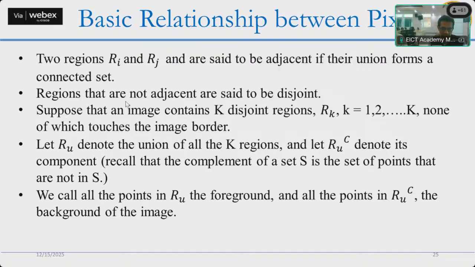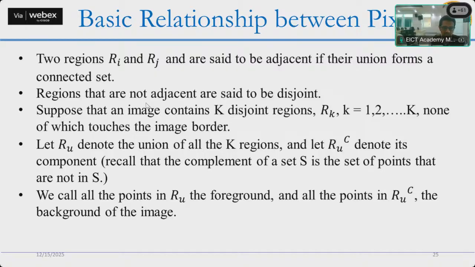Regions that are not adjacent are said to be disjoint. For example, when we are analyzing an image, we are more interested in taking the continuous, connected region. So we need to check whether these regions are connected or disjoint.